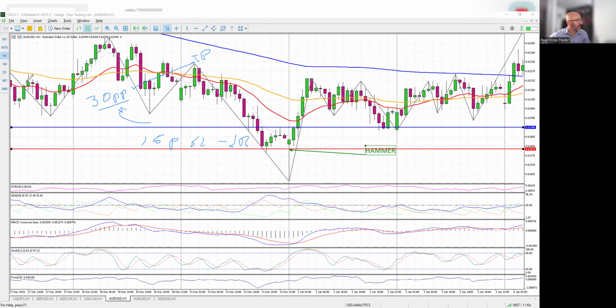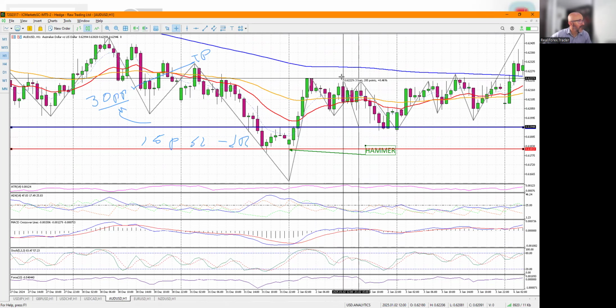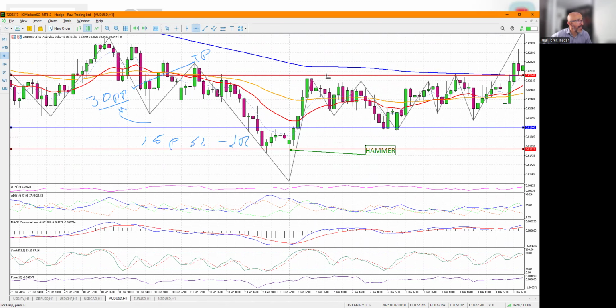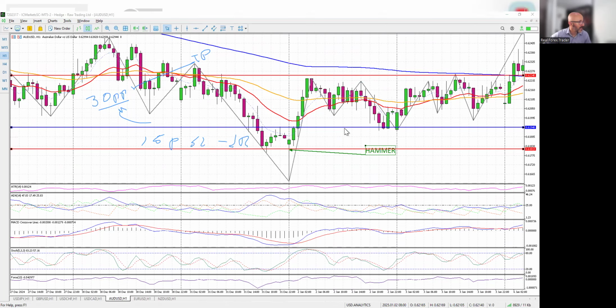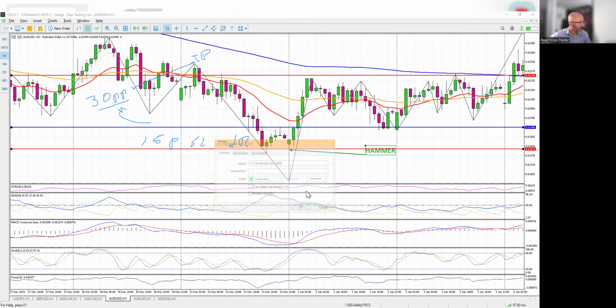So I'm going to calculate from this entry point here the moment I will get 30 pips. That is around this area here. So I'm going to set my take profit, my 2R, on this area.